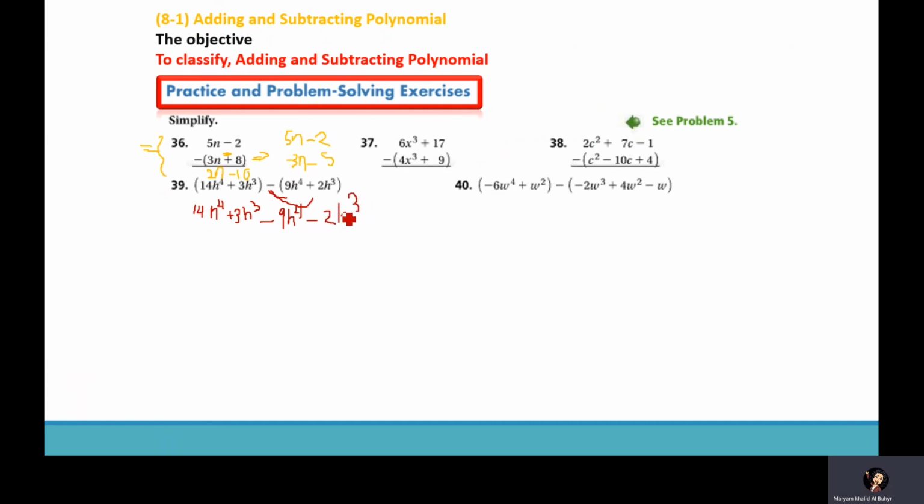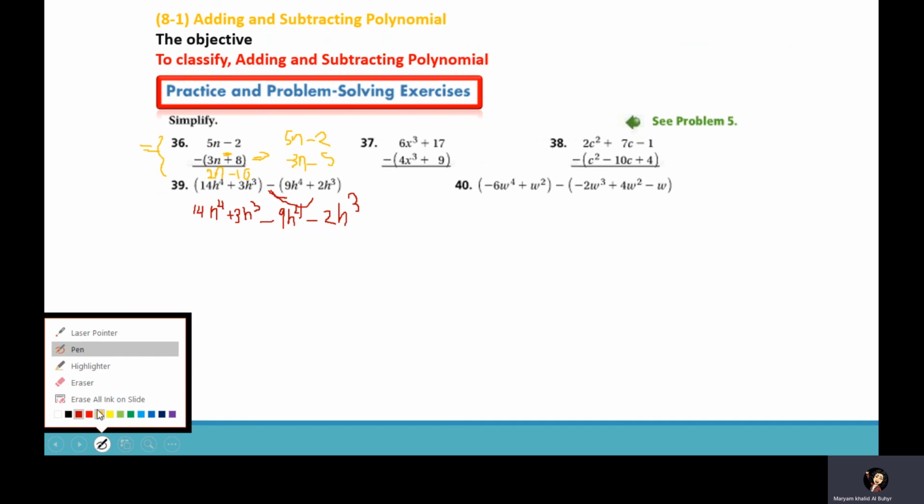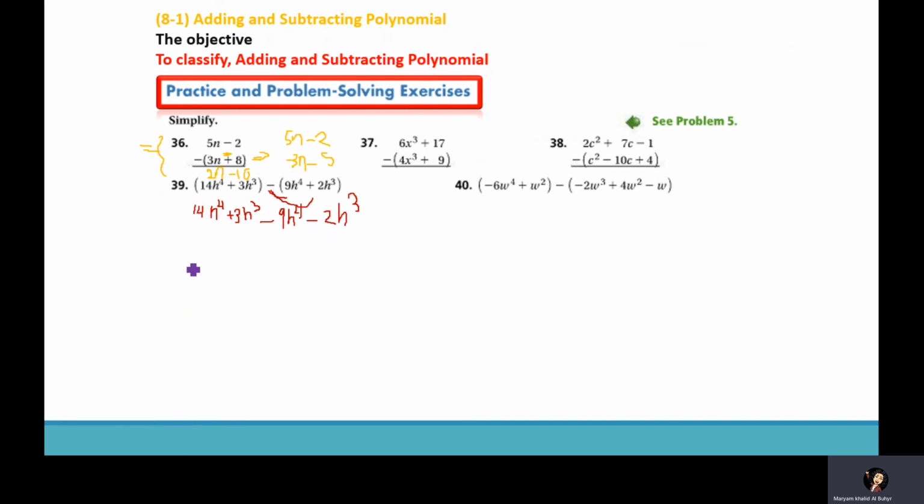Now I will search for all the like terms. If you remember, we learned something similar to this one, but we called it algebraic expressions before. We did not say polynomials, but now you deal with it as a polynomial, because polynomials have special properties and you are going to learn more details in the coming days.